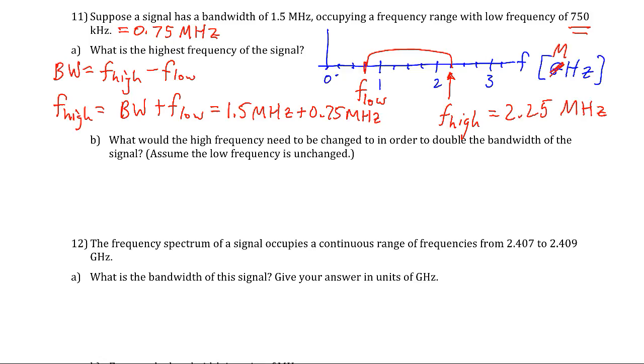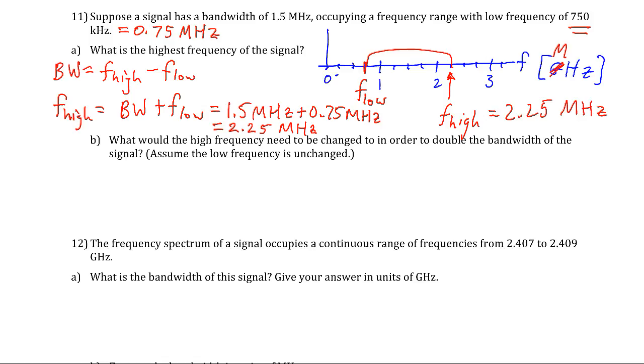I cannot add a megahertz value to a kilohertz value. I have to add megahertz to megahertz for it to make sense. And this 1.5 plus 0.75 is our 2.25 megahertz. And so either way, drawing the picture or doing the equations, we get the same answer. So that's a nice check.